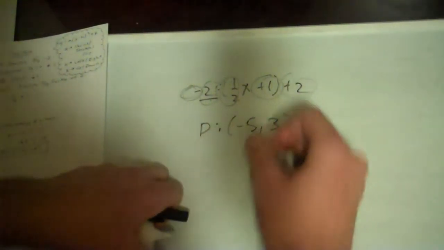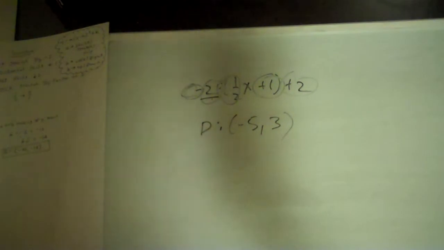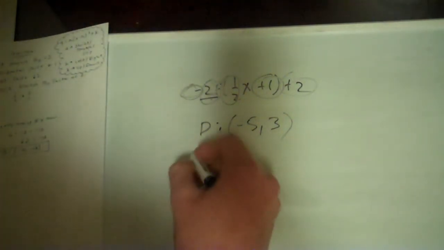Basically, what I found is we have our domain. I'll just explain it here. 5.3 tells us our x values. We're going to be transforming our domain and range, so we're going to be getting new values here.